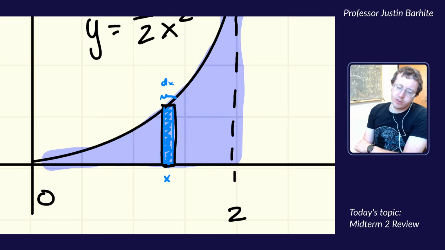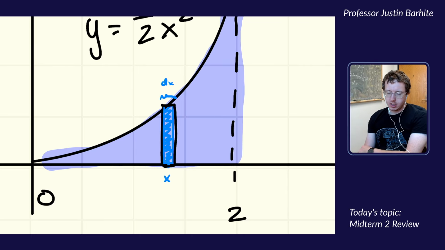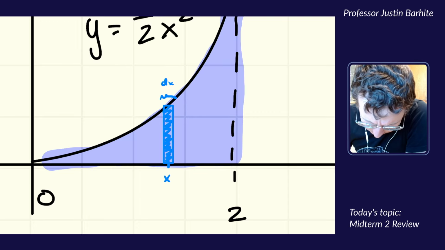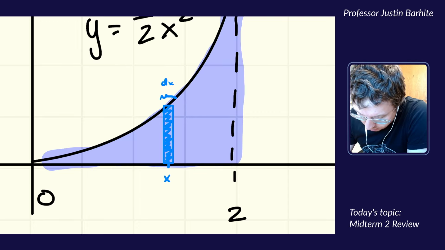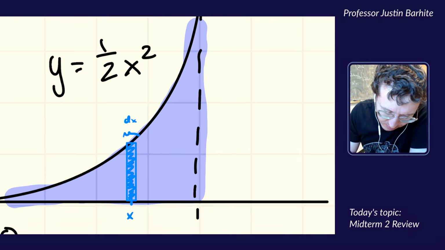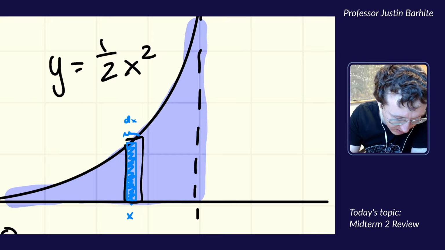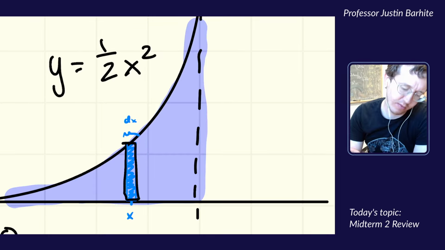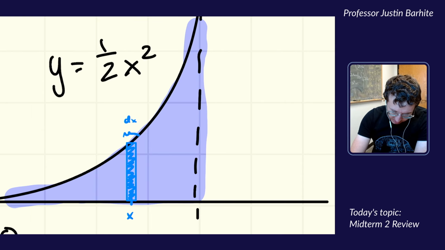So I have this rectangle here. The contribution of this rectangle toward the average y-coordinate across the whole mass is the mass of this piece times the average y-coordinate of this piece.